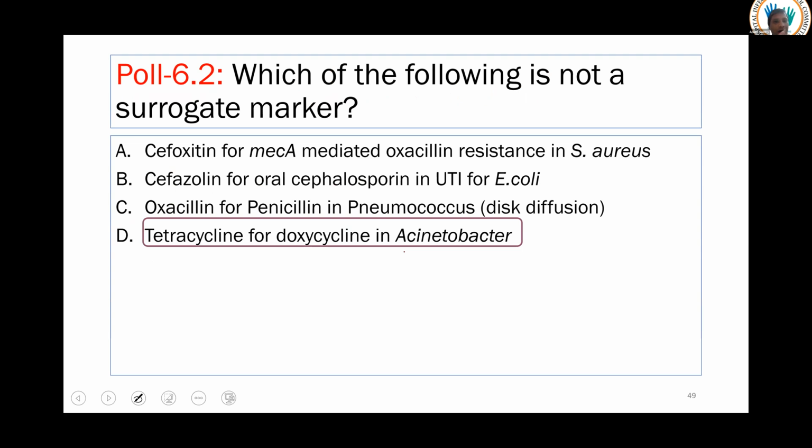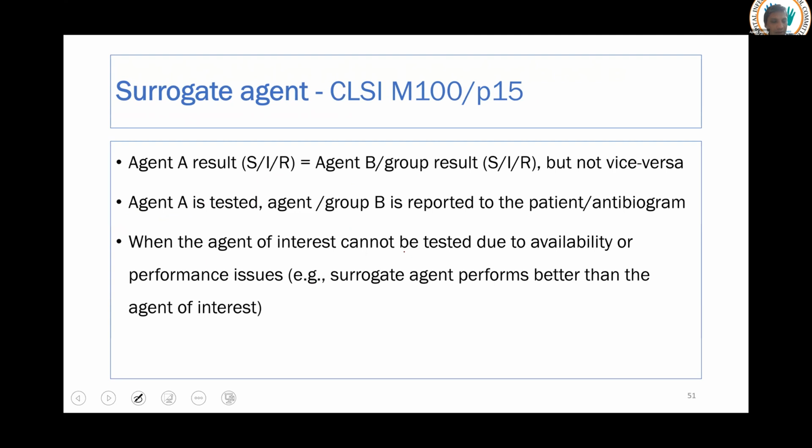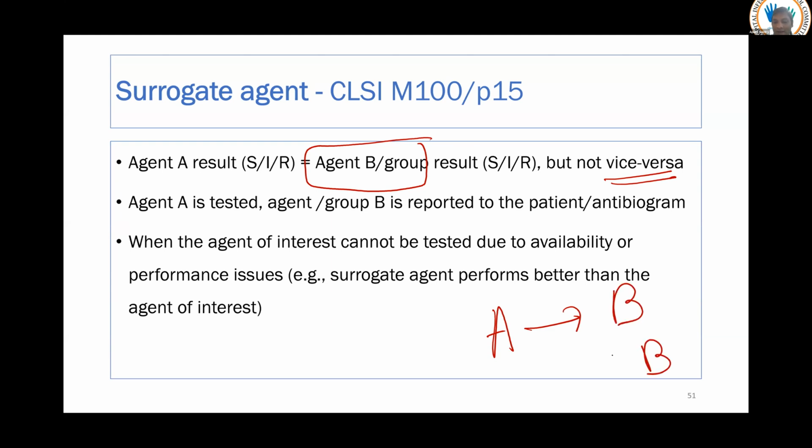The remaining all in the list are examples of surrogate markers. What do you mean by surrogate marker? A surrogate marker is when the agent A result can be extrapolated for agent B or a group of agents; however, the vice versa is not true. Whereas equivalent agent is when A can be reported for B and the result of B can be extrapolated for A. This is the definition of equivalent agent.